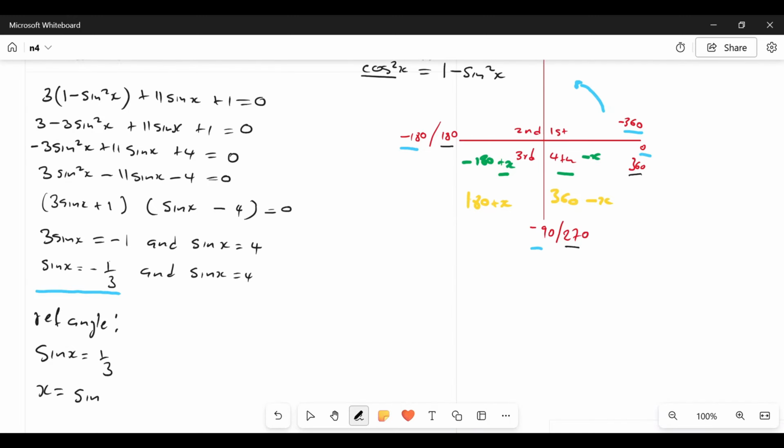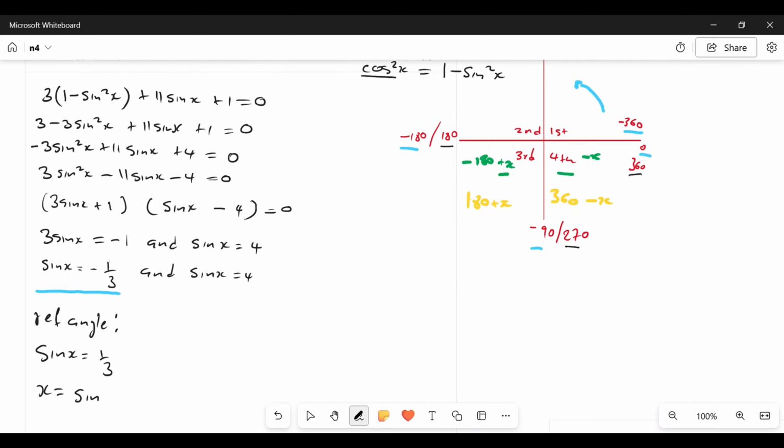So arc sine 1 over 3 should give us a positive answer, which is going to be a reference angle. So let's use our calculators and insert it there. When we insert this, it's going to give us 19.471 degrees. So here, guys, this is our reference angle. It is not the actual angle that we are looking for here. Remember, we said we're only going to focus on the third quadrant and the fourth quadrant for this one here, right?